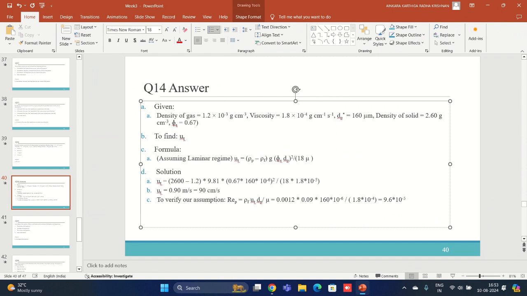Rep is equal to rho V dP by mu. So rho is 1.2 kg per meter cube, into 0.90, into 160 into 10 power minus 6, divided by 1.8 into 10 power minus 5. That is 1.2 into 0.9 into 160 divided by 1.8.